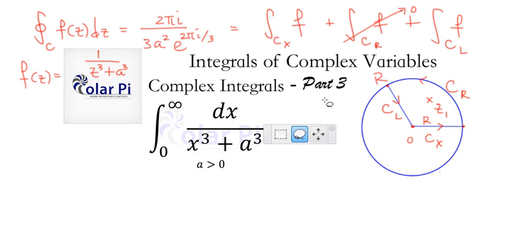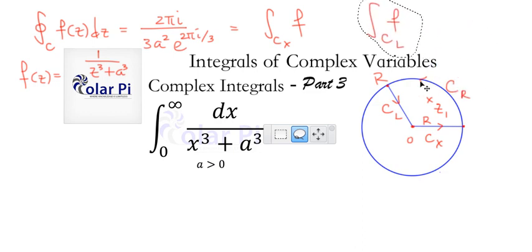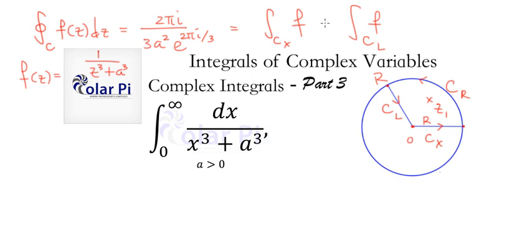So what we're saying is the value of the integral over the closed contour is just the sum of the integral over CX and CL. Okay, so now let's talk about the integral over CX.